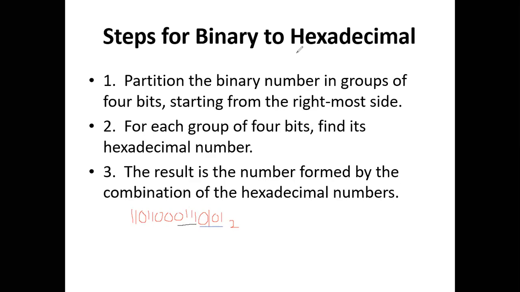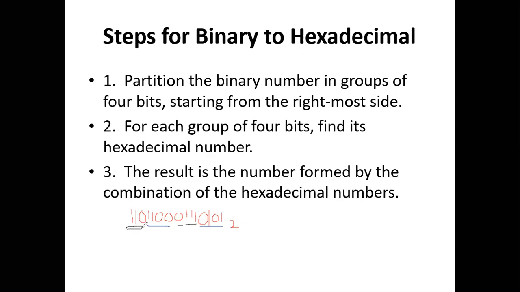Then next you have another group. Let me pick a different color. 1, 2, 3, 4. From here up to there. All right. Then the last one also will be a group on its own.